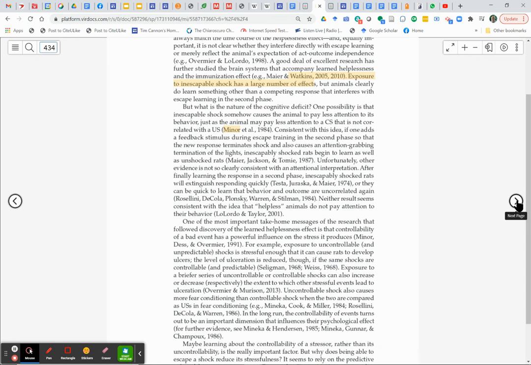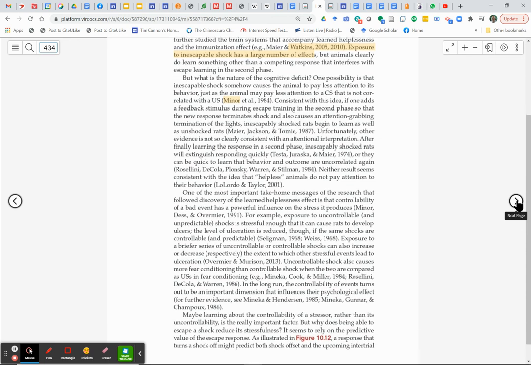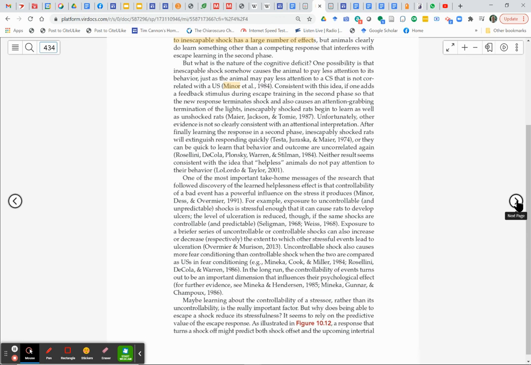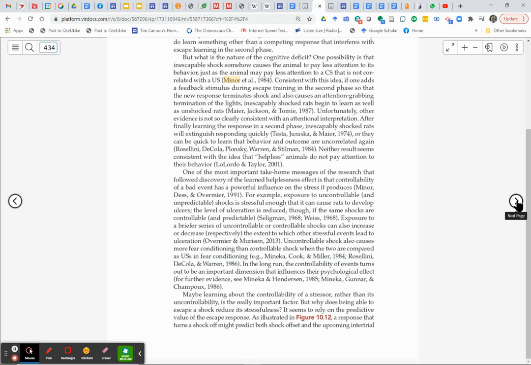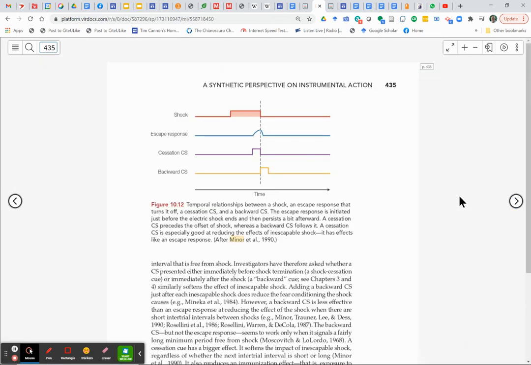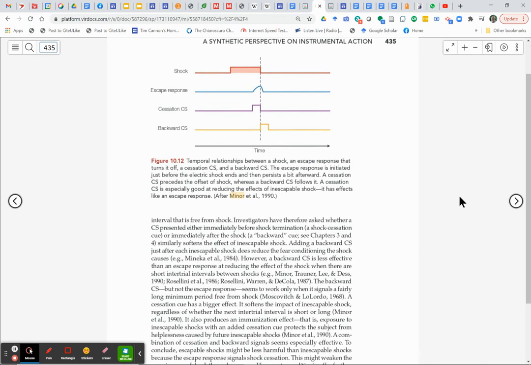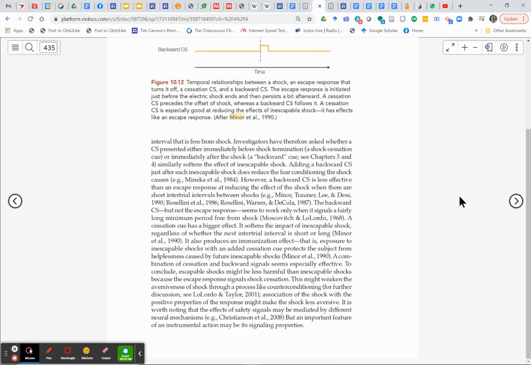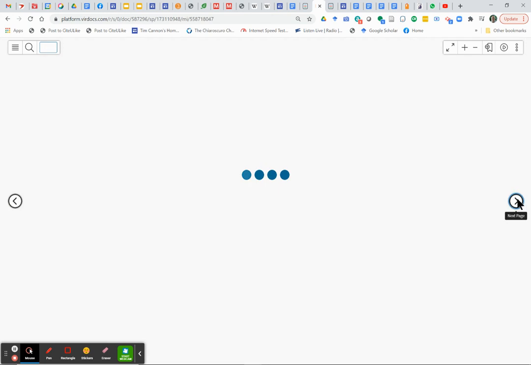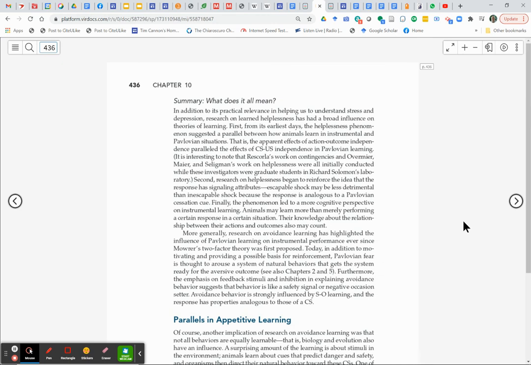And he did some interesting research on learned helplessness and stress, and he made some important and real contributions. So this is Miner, and you have backward conditioning again, and that's an interesting discussion, and it's important. And he likes softball.